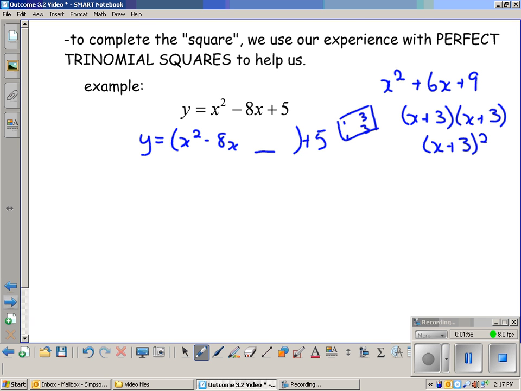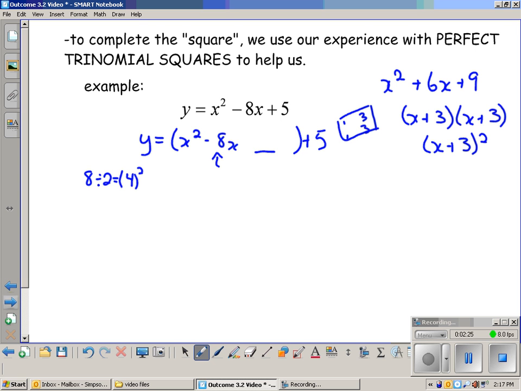We want to fill in a number in that blank that will allow us to form a perfect trinomial square inside of the brackets. To do that, that term can be found by taking the number in front of our x term, in this case 8, dividing it by 2, which gives us 4, and then squaring 4.